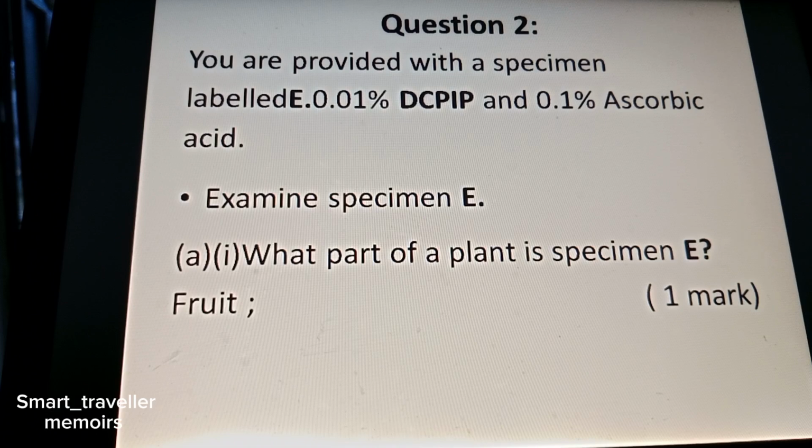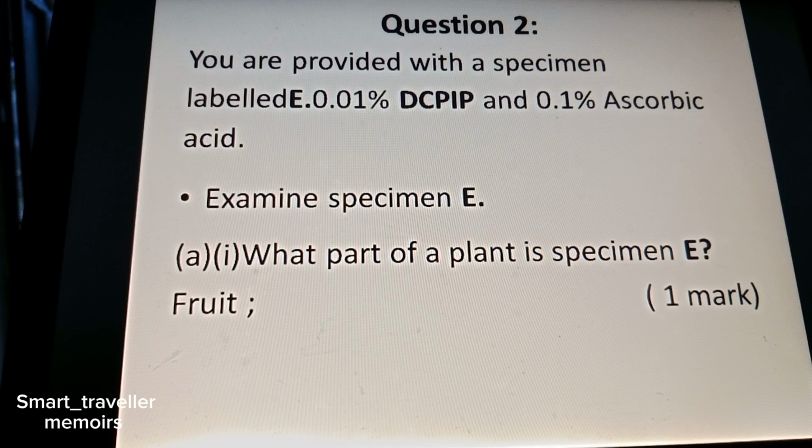Question 2. You are provided with specimen labeled E, 0.01% DCPIP and 0.1% ascorbic acid. Examine specimen E. What part of a plant is specimen E?